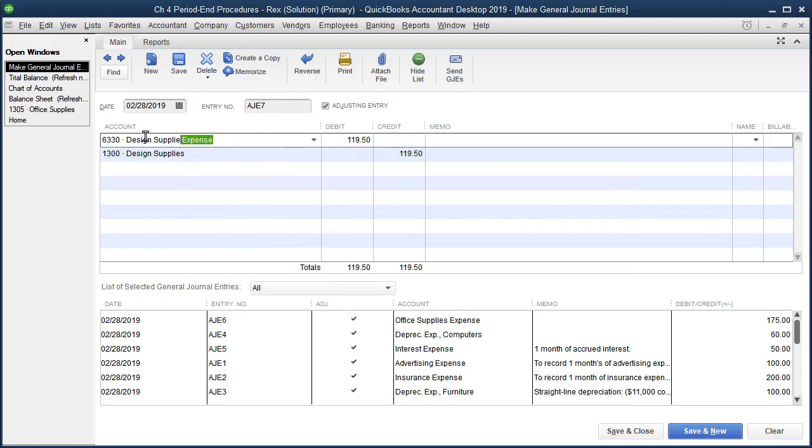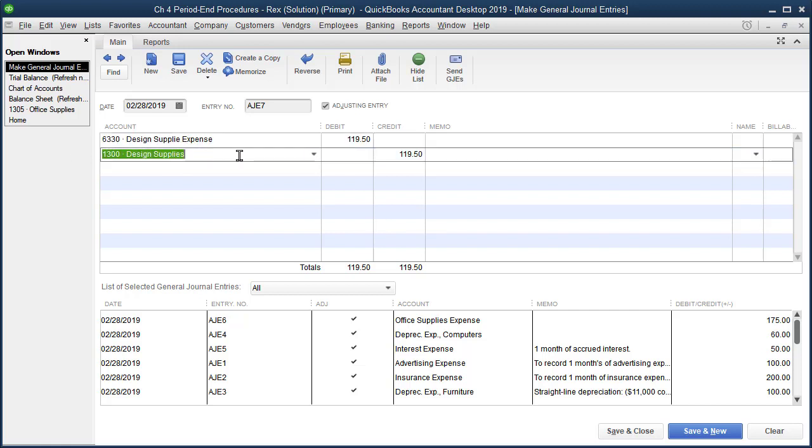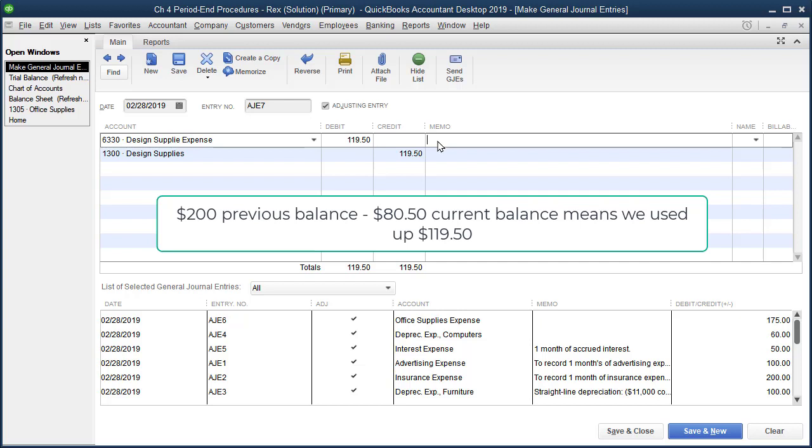And notice we are debiting an expense because the expense is increasing, and we're lowering our design supplies account. Why? Because we've used up $119.50. And again, how do we calculate that? Well, we need to add that into our explanation. $200 QB stands for QuickBooks balance.